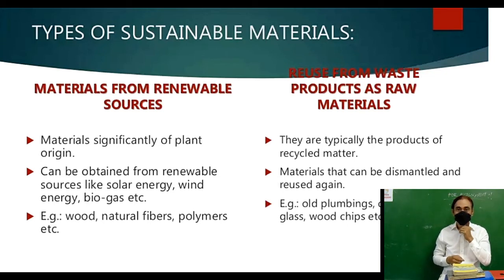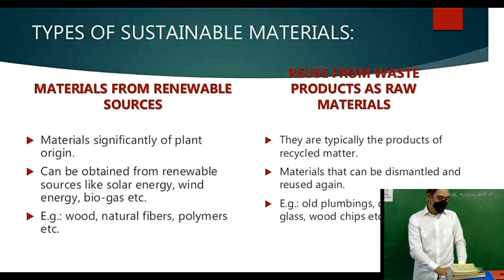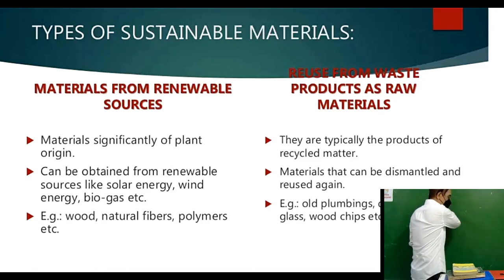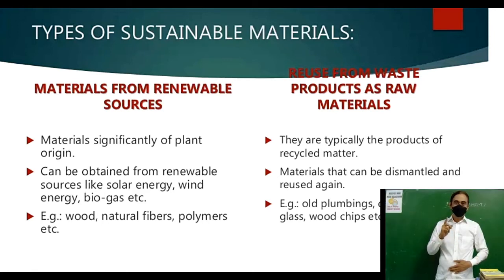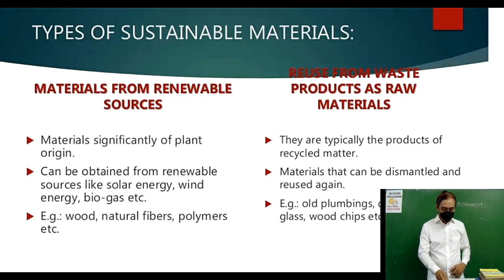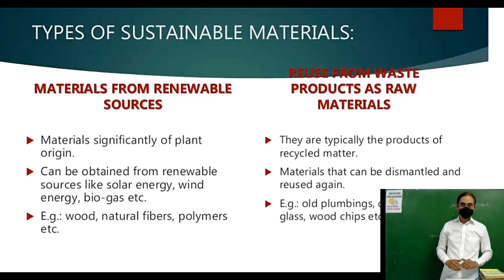In materials from renewable sources, materials are significantly of plant origin. They can be obtained from renewable sources like solar energy, wind energy, biogas, etc. Examples: wood, natural fibers, polymers, etc.